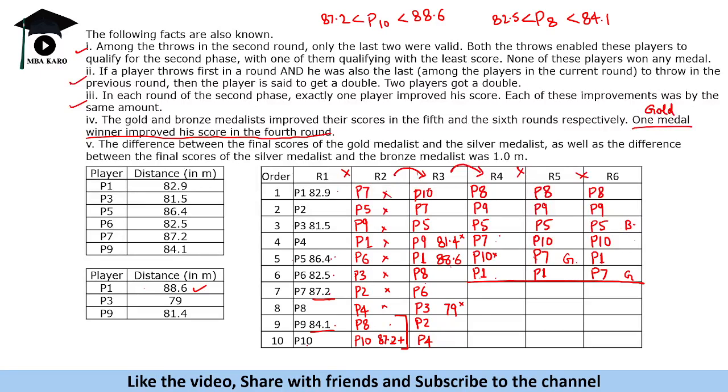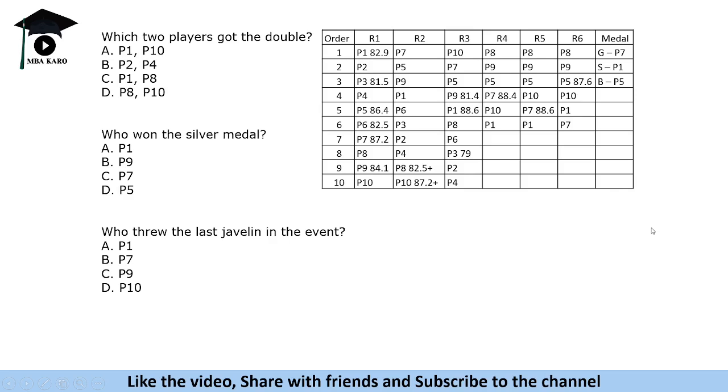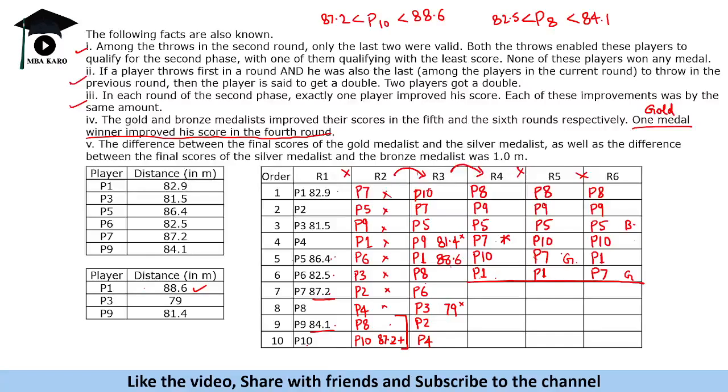Okay, so in this round, this is the person that is improving his score. I'm putting a star. That means that the person improved his score and moved to the better rank. Okay, now in this round he again improved his score and went to the first rank. And in this round, this player improved his score and then went to the bronze medal position.